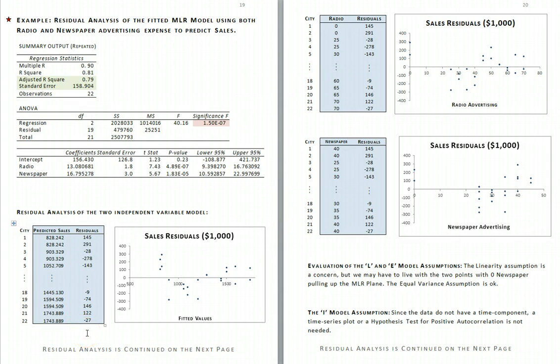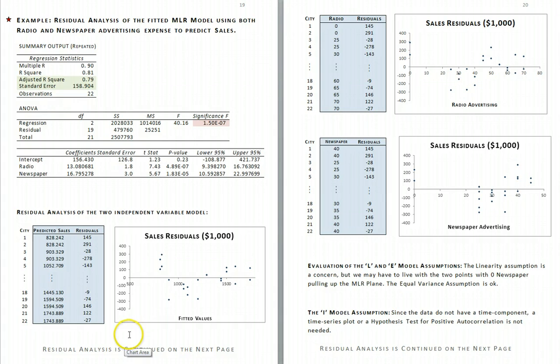This data appears at the bottom of the regression output. Here is that scatterplot. This is the fitted value axis, and this is the residual value axis.